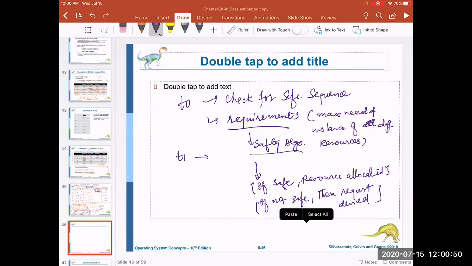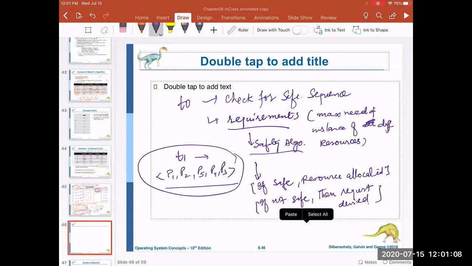So based on this, the banker's algorithm allocates the resources, and this will create a safe sequence. Let us suppose P1, P2, P5, P4, and P3 is a safe sequence. This is how the resource allocation would be done and executed.